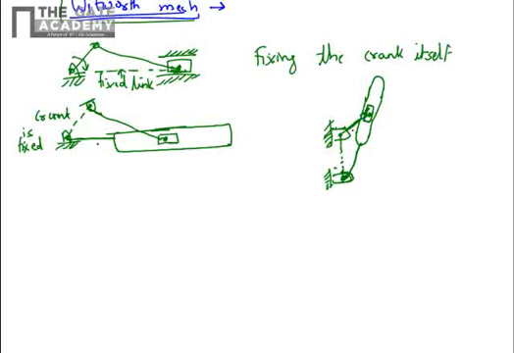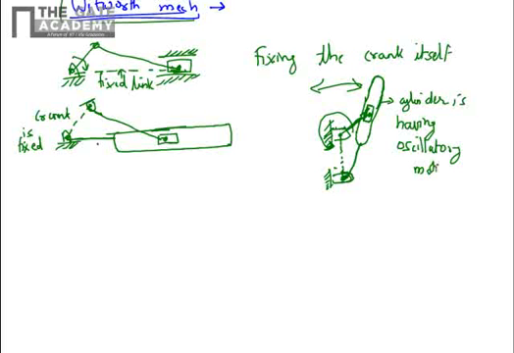So in this mechanism, the crank rotates full 360-degree revolution. This is the rotating element now, and the cylinder assembly is having oscillatory motion. And the connecting rod is having full rotation. So this sketch is nothing but the same sketch that I have drawn here on the left hand side, but in different alignment.